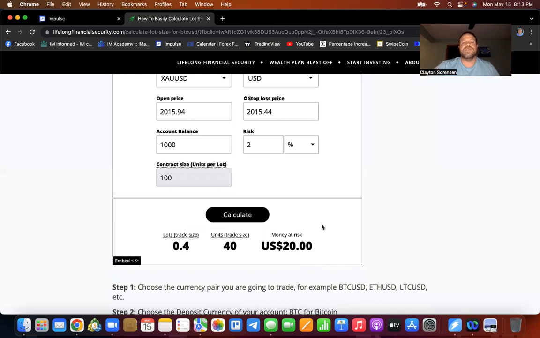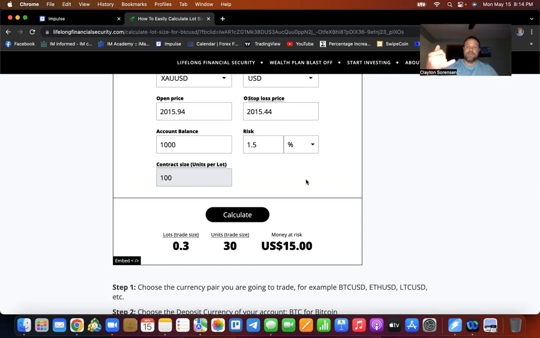That's what we want to see: what do we want to risk? Say like me, if I risk 2%, that might be one. If I want to risk 1.5%, you could type in 1.5% risk and hit calculate again. There you go. Your lot size would be 0.3.